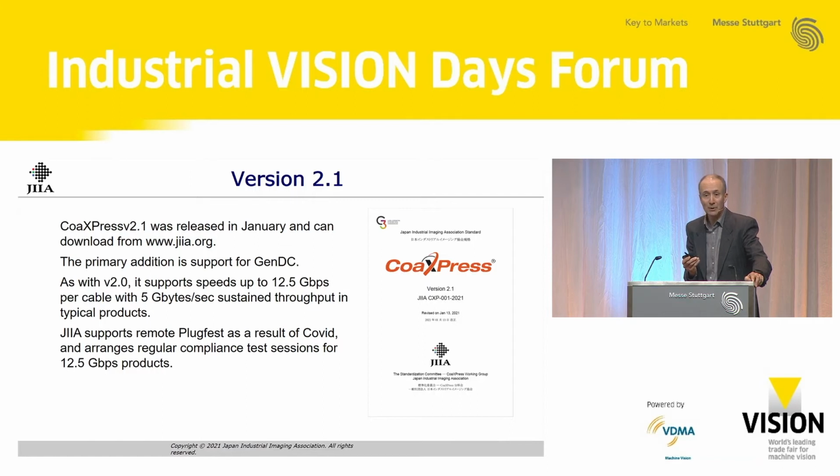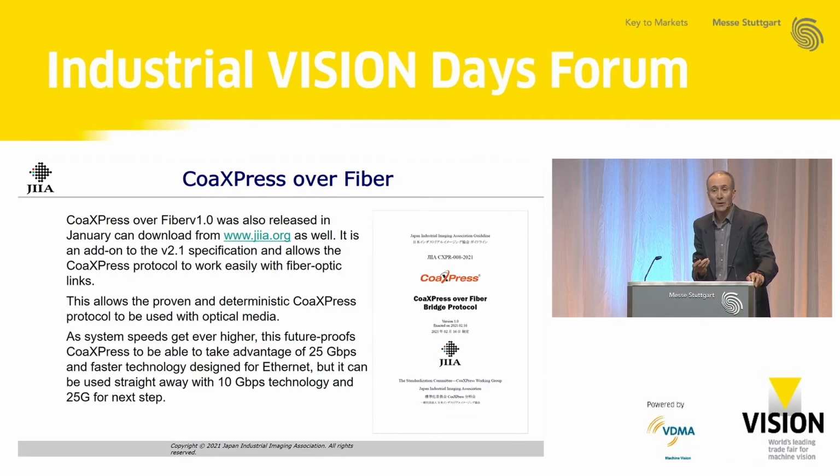For product developers, with COVID there's been a lack of meeting people, but there are remote plugfests to validate products, and compliance test sessions are still running. One other new feature is CoExpress over fiber. From the name, CoExpress has always been a copper coax protocol, which works very well, definitely up to 12 gig.